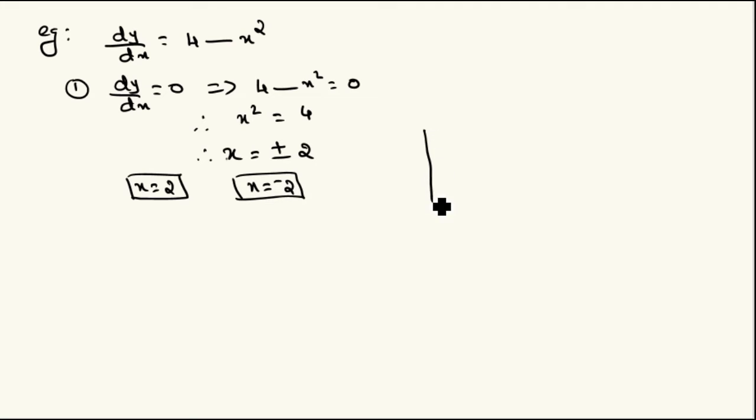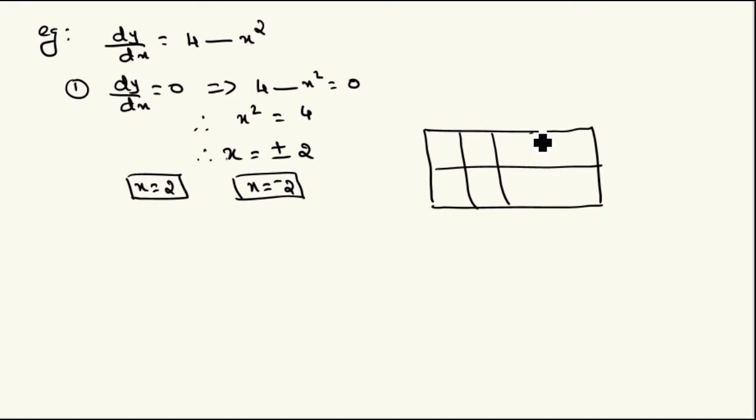Now we have one point x equal to 2, one point x equal to minus 2. So we will see that. We will draw a table of x and dy by dx. So you will get x equal to 2, I am writing here in the middle.